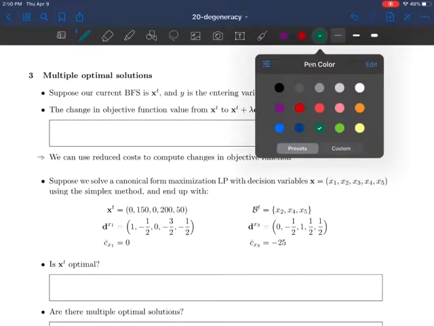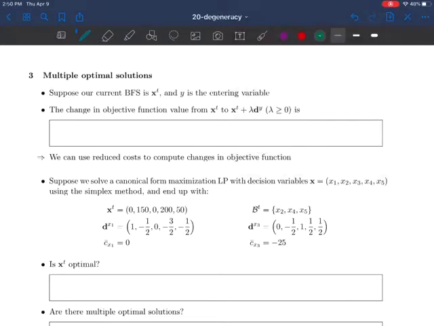Suppose our current BFS is xt and y is the entering variable. The change in the objective, remember, is the following.